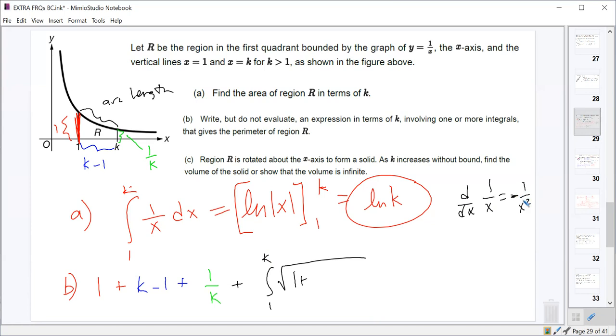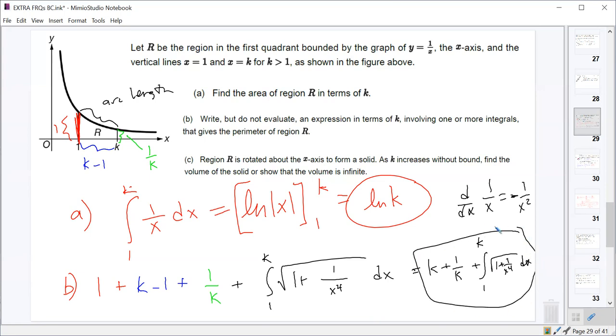And if we square that, that would be 1 over x to the 4th dx. And we can obviously get rid of the 1 and the minus 1 there to just give us k plus 1 over k plus this integral. Everybody good with part B?